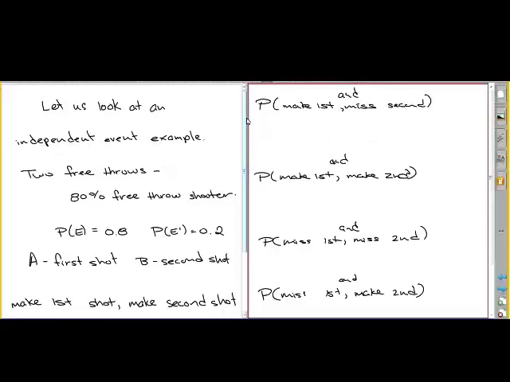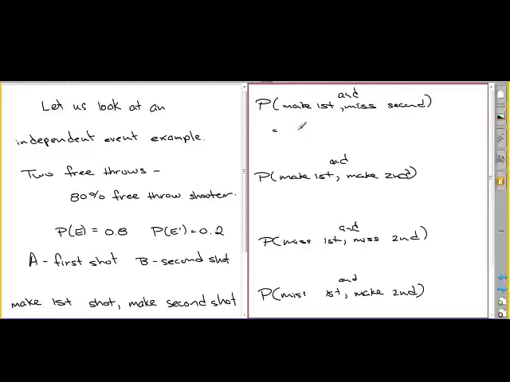We're going to find the probability of making the first and missing the second, making the first and making the second, missing the first and missing the second, and missing the first and making the second. All you have to do is take the probabilities of each one of those events and just multiply them together, because I'm assuming that they are independent events.